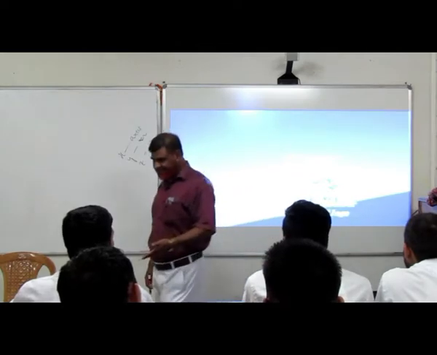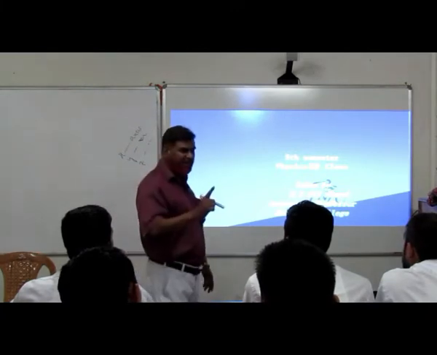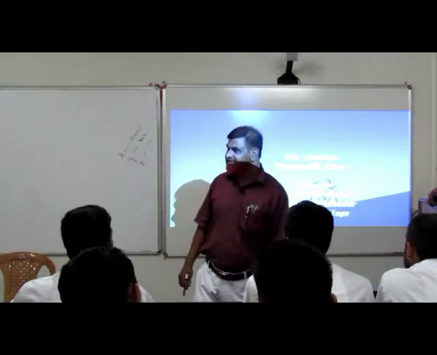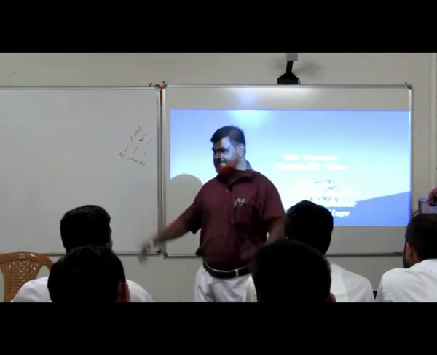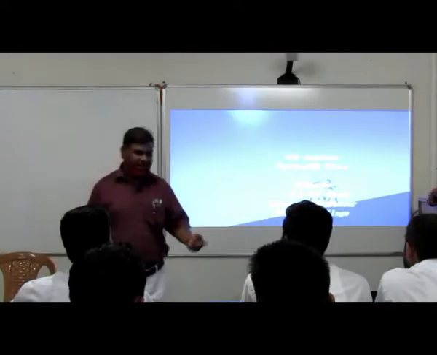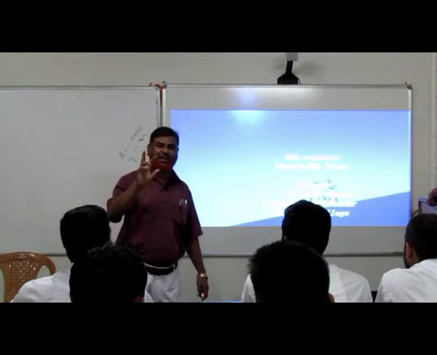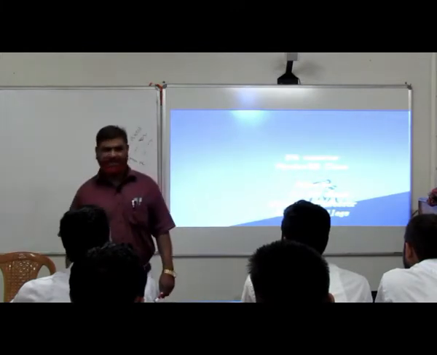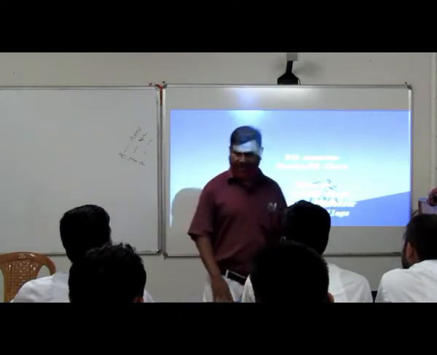Sometimes it requires one axis, that is called 1D, a one dimensional coordinate. In a plane, to locate any body or particle, we generally require two dimensional coordinates, that is along the x axis and along the y axis.